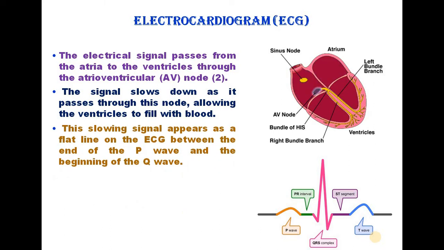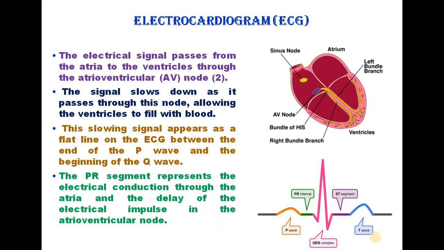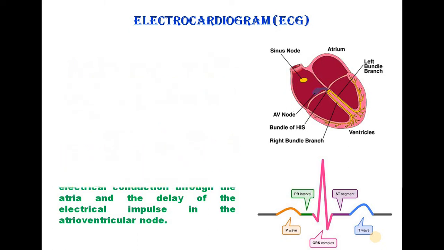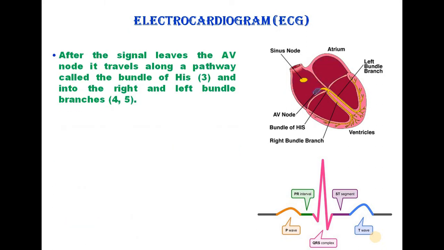This slowing signal appears as a flat line on the ECG between the end of the P wave and the beginning of the Q wave. The PR segment represents the electrical conduction through the atria and the delay of the electrical impulse in the atrioventricular node. After the signal leaves the AV node, it travels along a pathway called the bundle of His and into the right and left bundle branches.